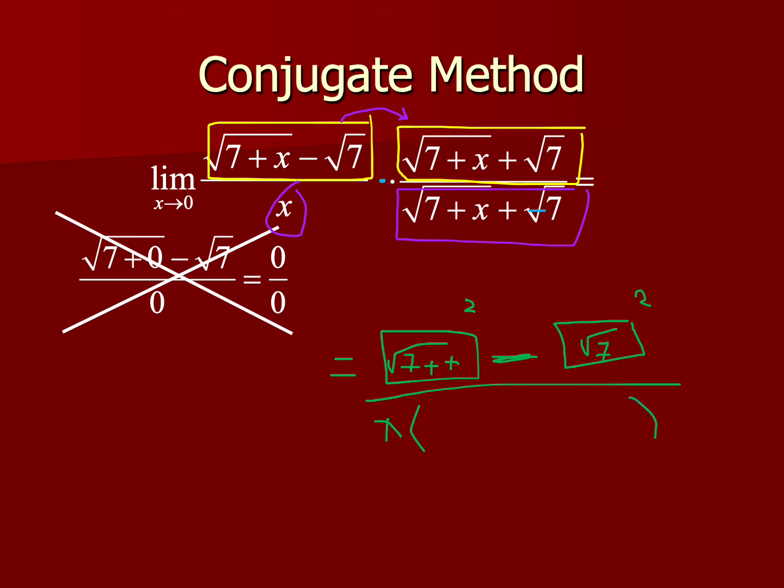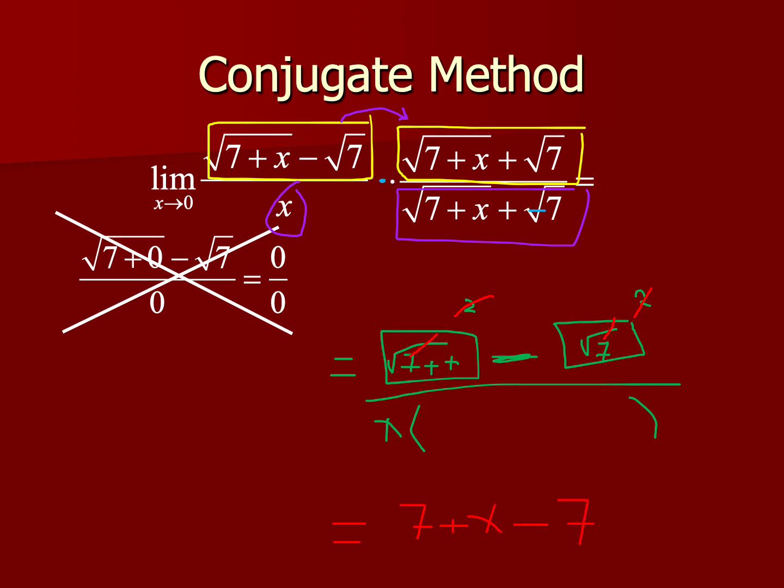Now when we see here, there is square and square root, they cancel each other. So what I get here is only 7 plus x without square root, and I get minus 7 also.